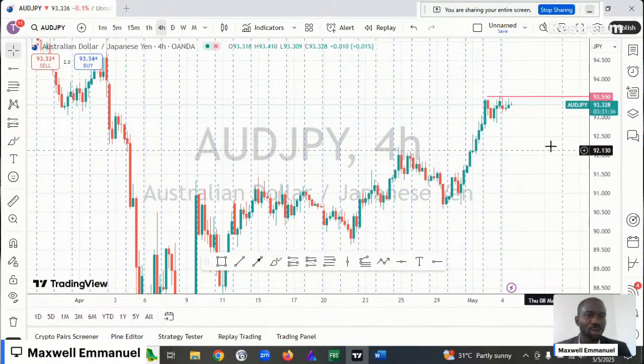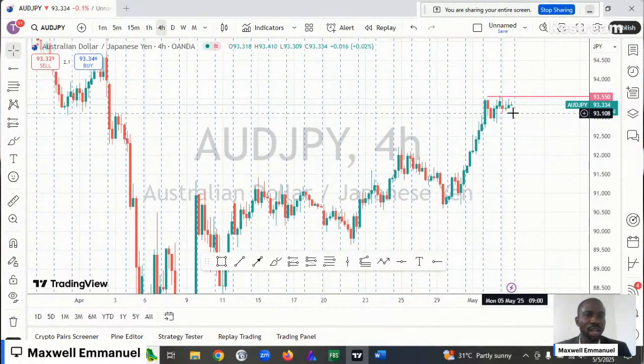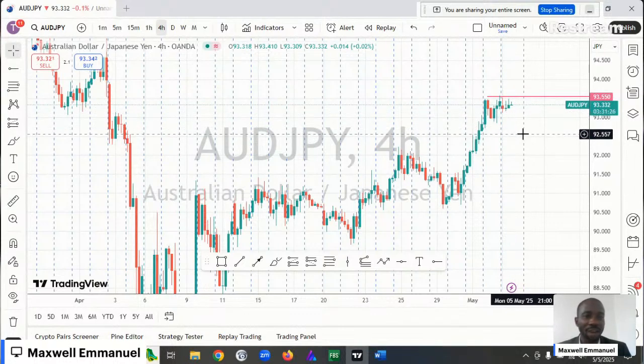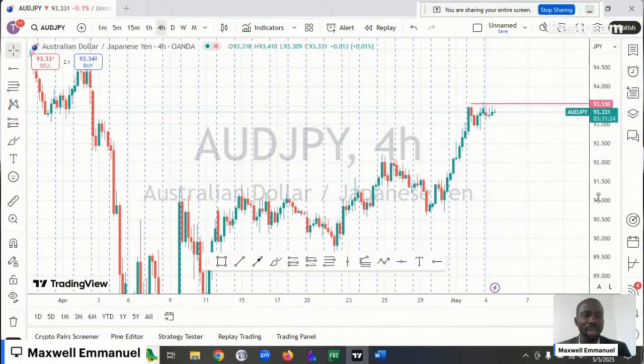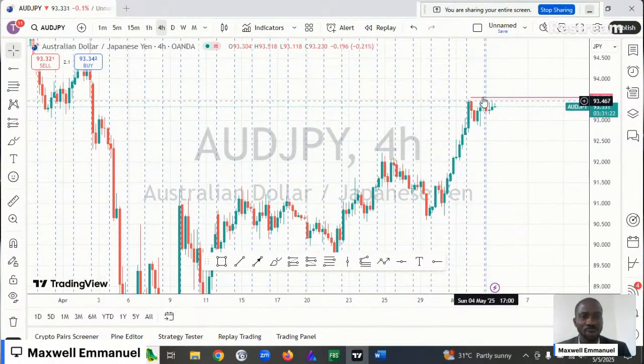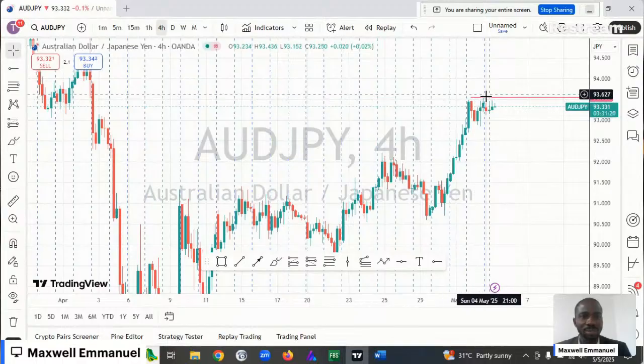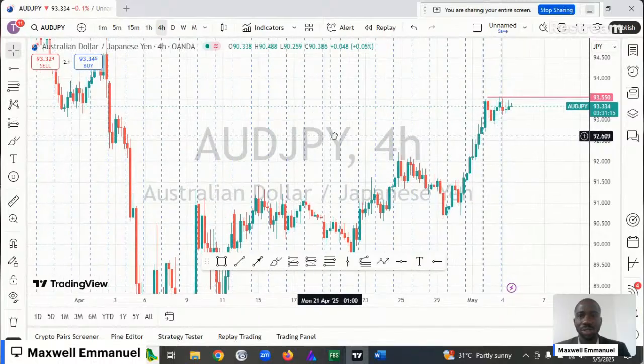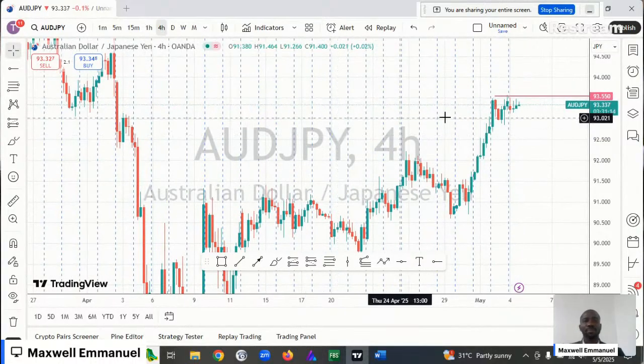So you don't want to jump in and start selling. You want to ensure that JPY remains strong and Australian dollar is weak before you take a sell trade. Based on what we have on the chart now, I'm sure they would clear the liquidity residing at this previous high before going bearish on Australian dollar JPY.